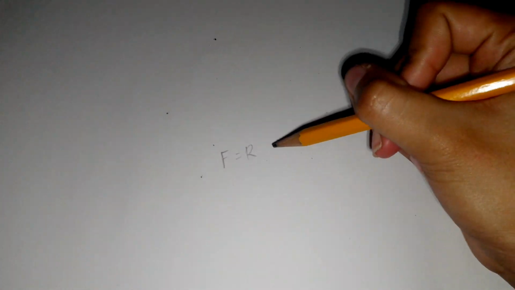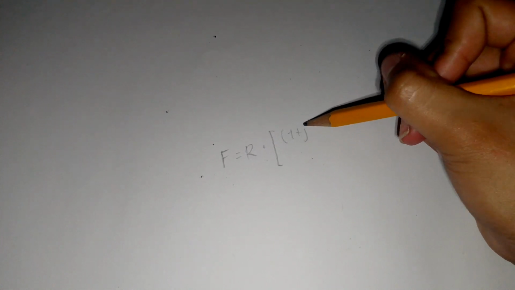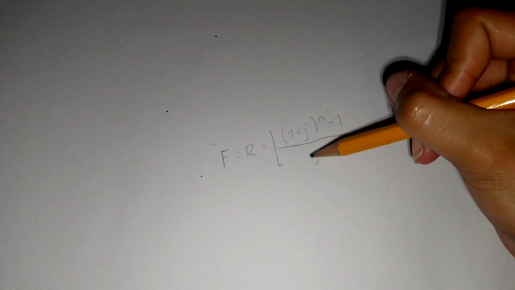So in the problem I give, we are talking about the future value of Miss L's savings after 6 months. Since it is a future value, we will use the formula F equals R times (1 plus J) raised to N minus 1 over J. Since the R means the periodic payment, that means the R is 5,000.